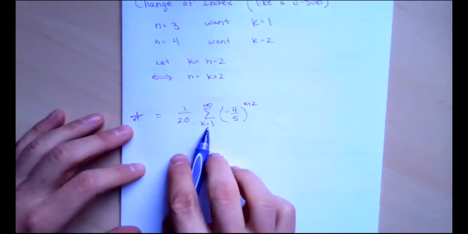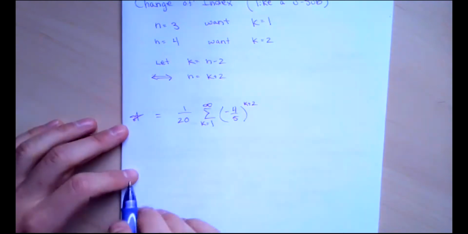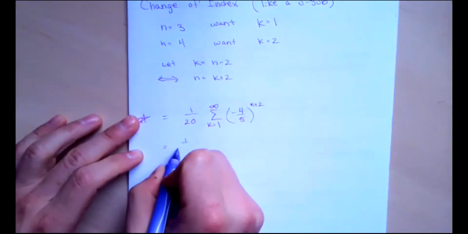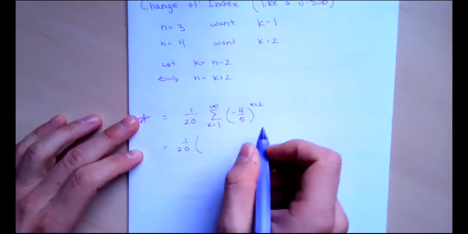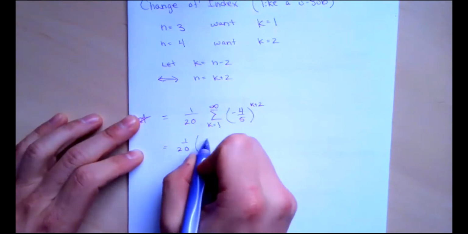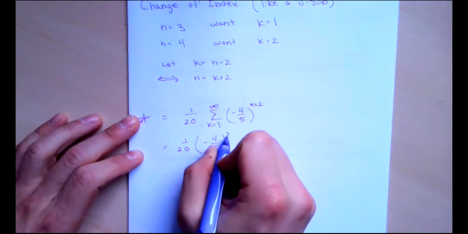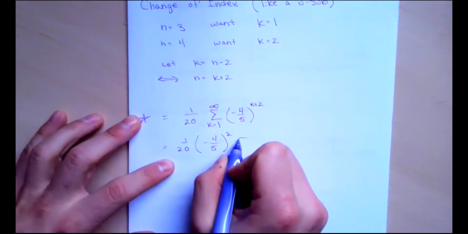And now it's nice because we're starting at 1, and we just have to do a little bit more manipulation. So let's go ahead and do that. We can pull out essentially 2 powers of this guy.